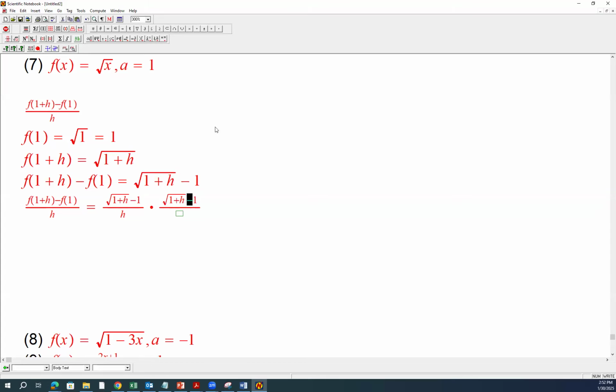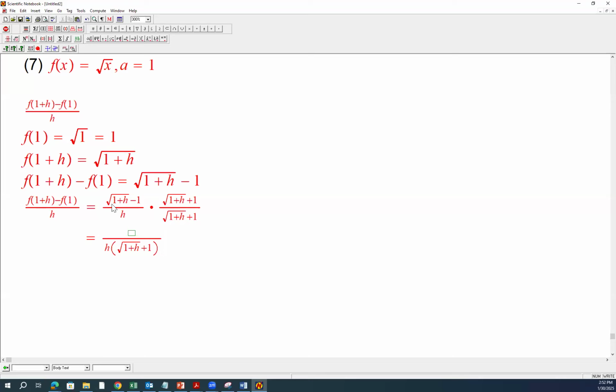So this turns into plus 1. And the numerator and denominator are the same, so we just multiply by 1, right? 1 is replaced by this desirable expression that will help us reduce. The denominator would be h multiplied by this guy.